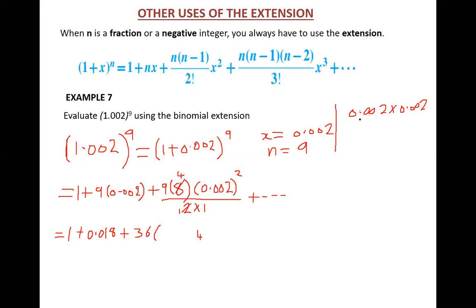So when multiplying this, you first have to count your decimal places that you have. So this is going to be 1, 2, 3. You have 3 this side, plus this side 3, 4, 5, 6. So you move 6 steps starting from here. You move 1, 2, 3, 4, 5, 6.